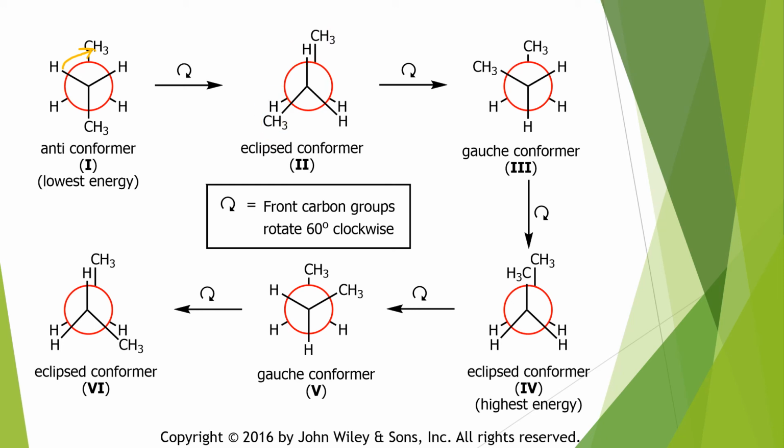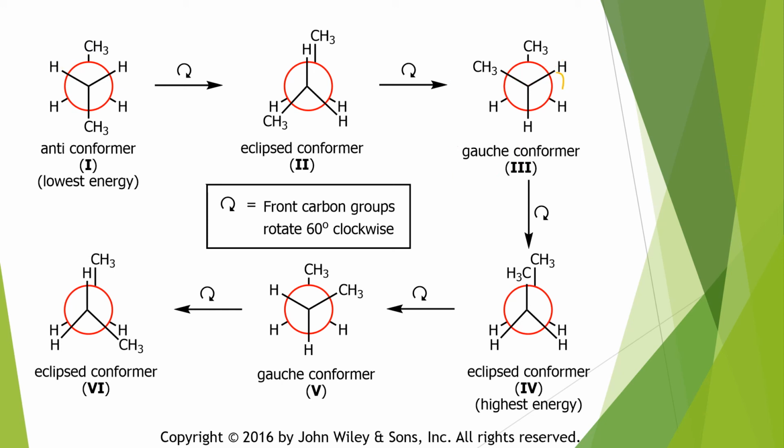So this is going to be a high energy situation. And if you rotate another 60 degrees, you go back to a lower energy conformation, which is staggered, but the 2 large groups are next to each other now. So this is called the gauche conformer.